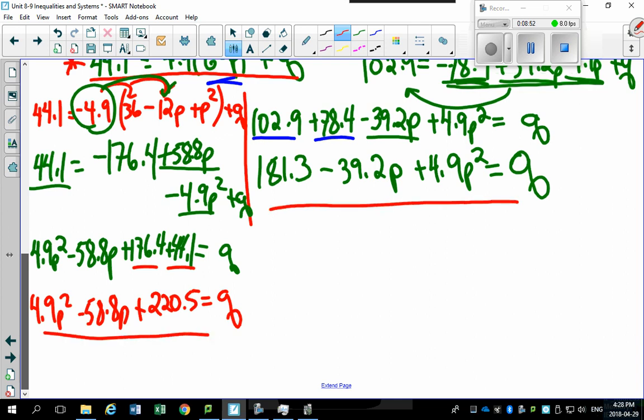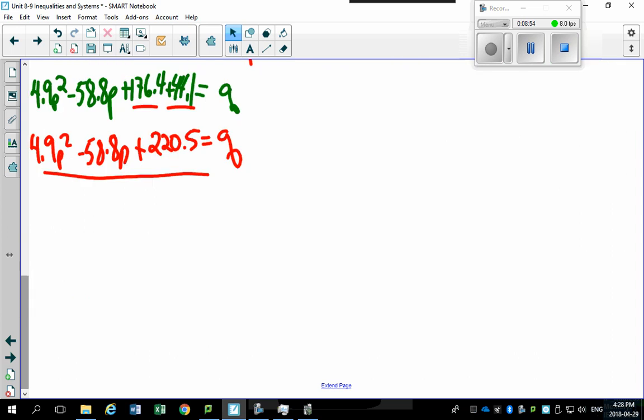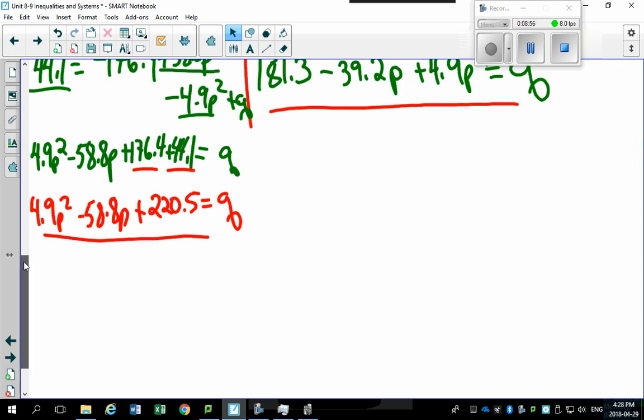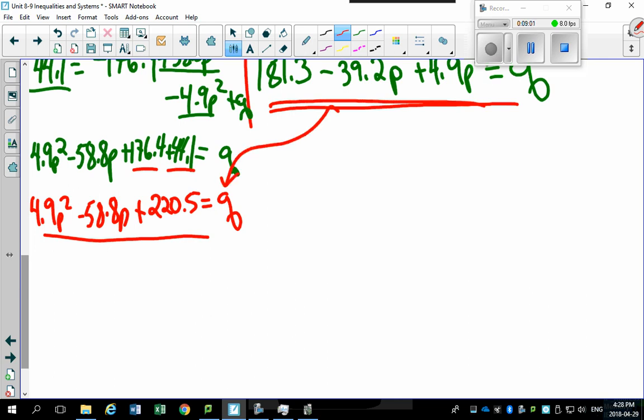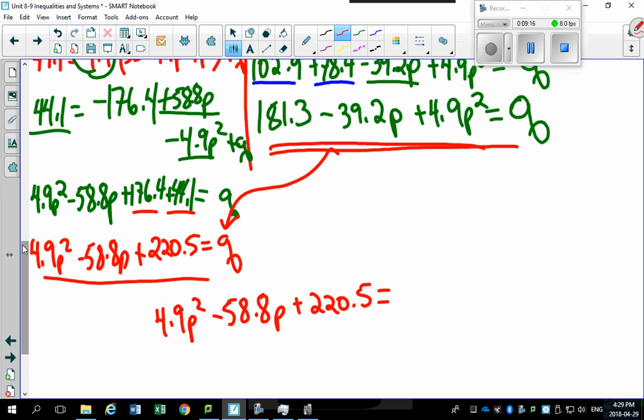And guess what? According to systems of equations, all I have to do is substitute this guy in for Q. So 4.9p squared minus 58.8p plus 220.5 equals 181.3 minus 39.2p plus 4.9p squared. Why?